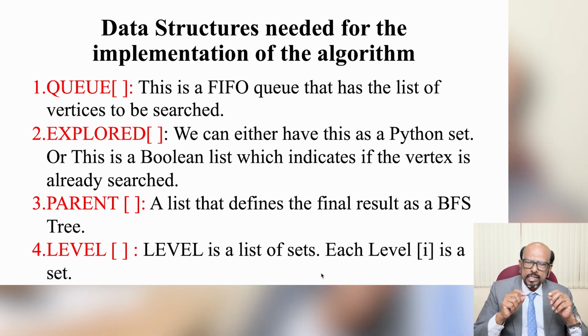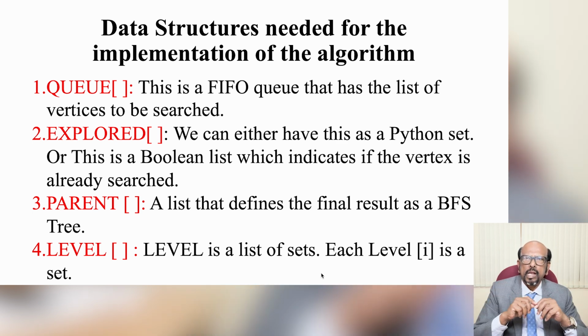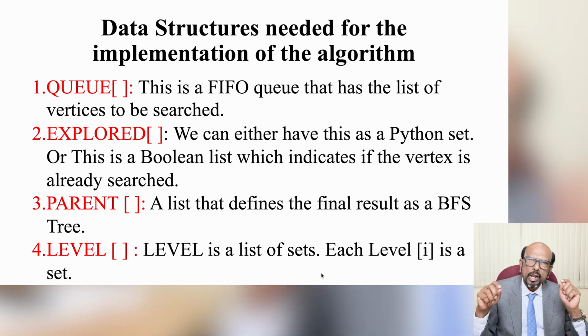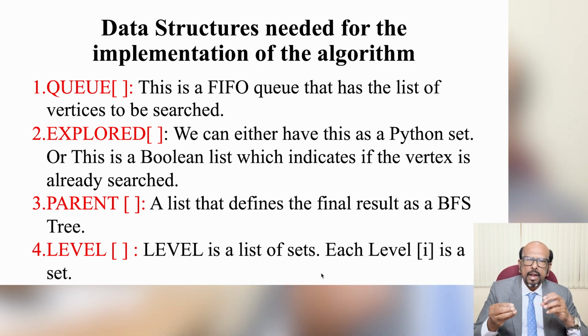Otherwise, you can consider a Boolean list called explored, because we have the nodes numbered 0, 1, 2, 3 up to n minus 1. If you create a Boolean list called explored, when it is empty, all of them will be false. The initial node will be added by setting that node to true.